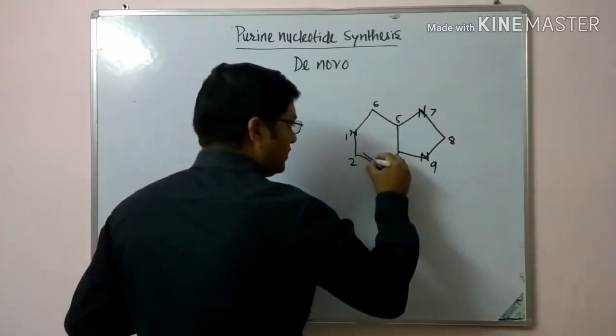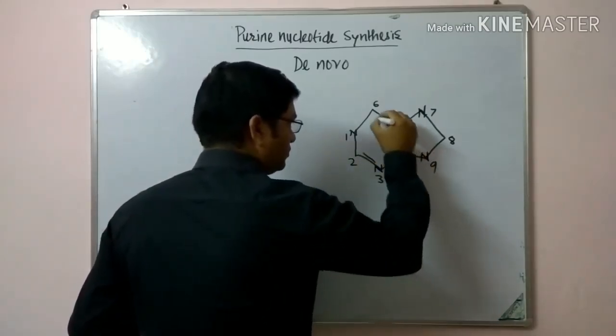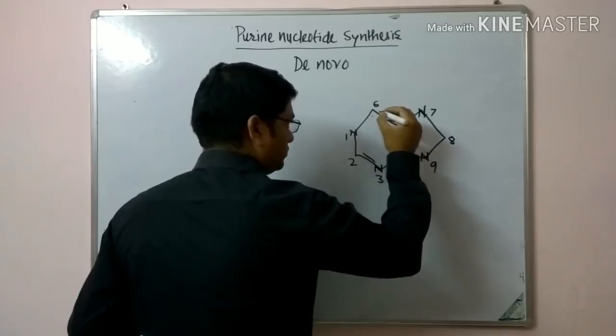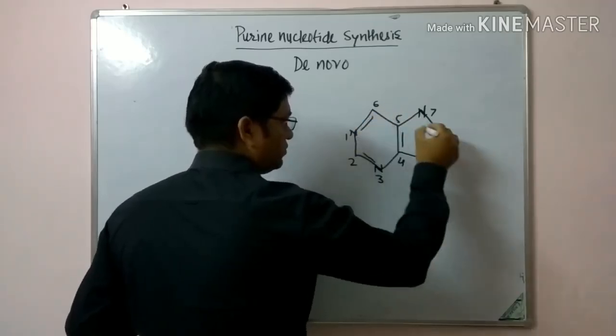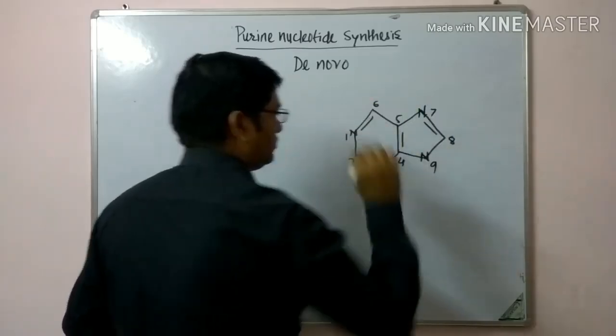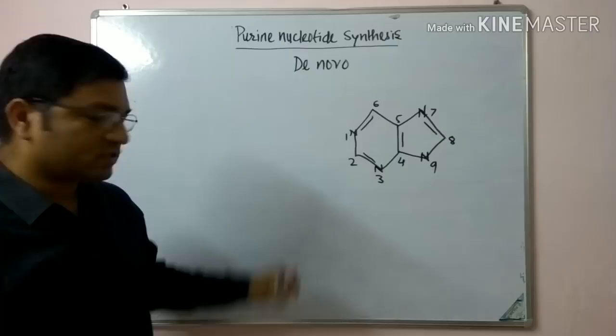There is a double bond here. This is a purine structure.